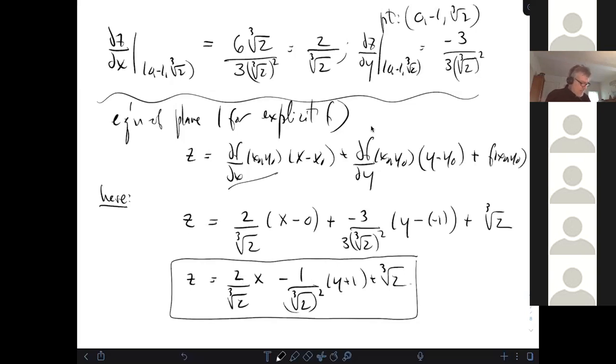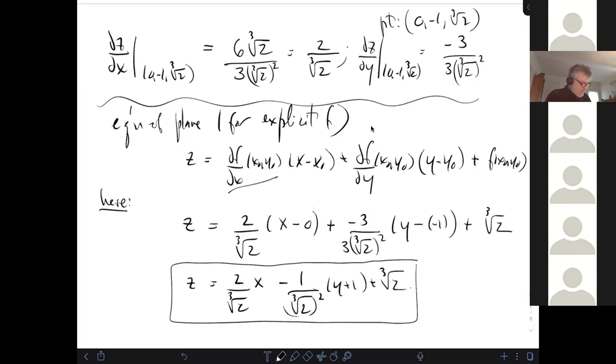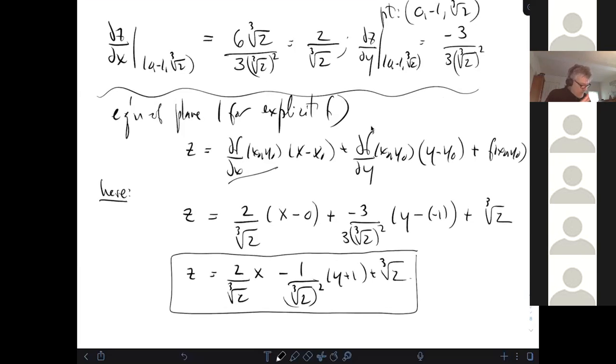So this is the equation of a plane. I don't know if this is going to answer part of your question, but the z over here is the variable in the equation of the plane. It doesn't have anything to do with the function z, which is over here, right? Not to be confused. If you have an equation of a plane, in general it would be, let's say, z equals ax plus by plus c, something like that.